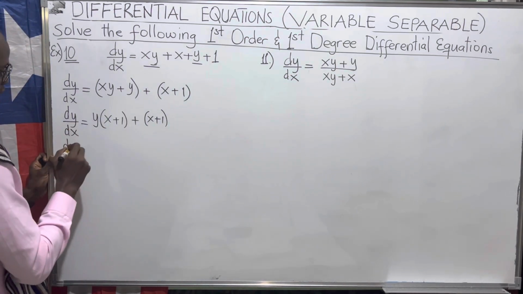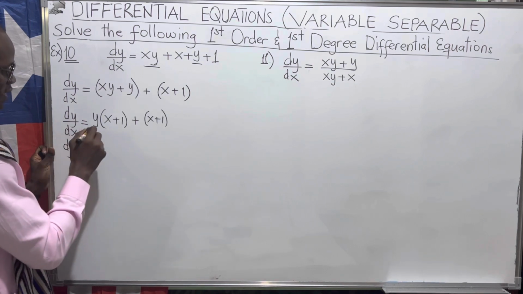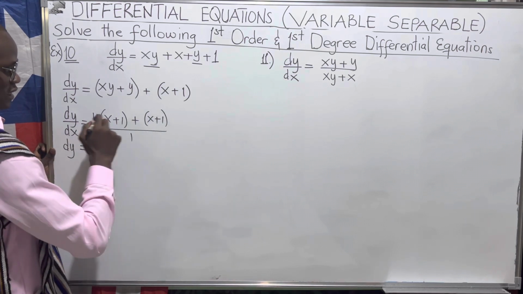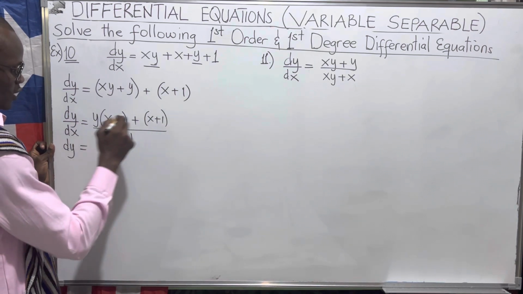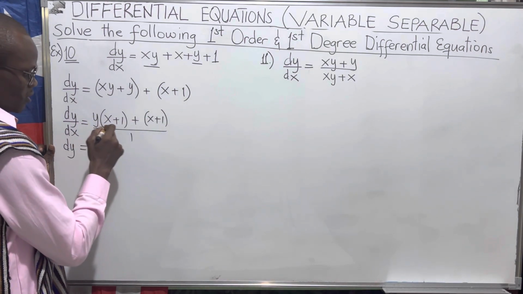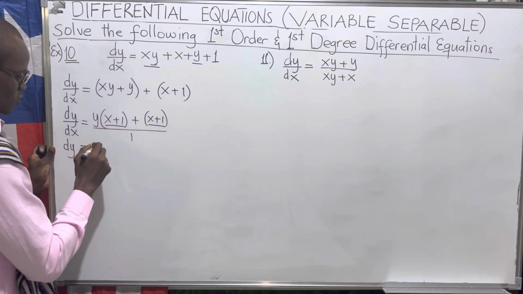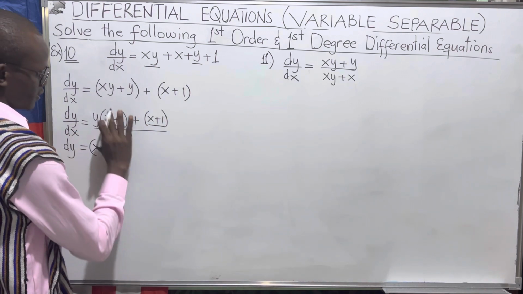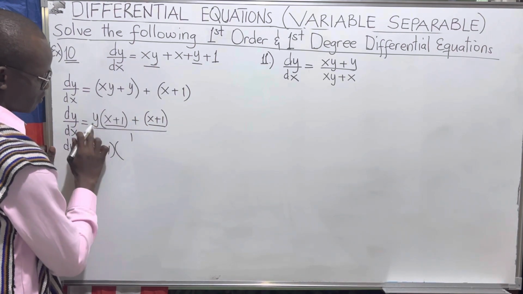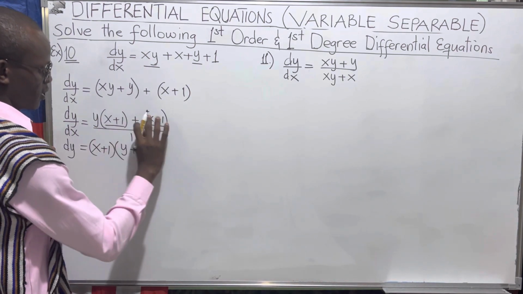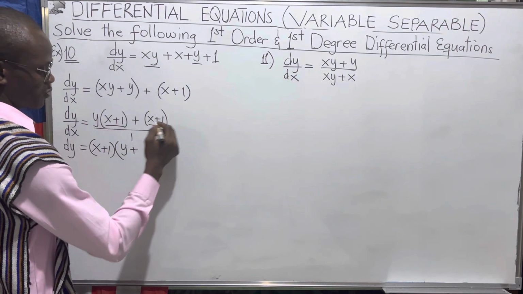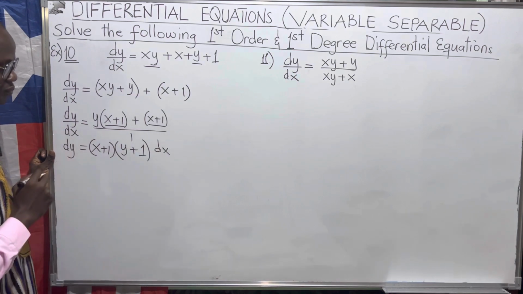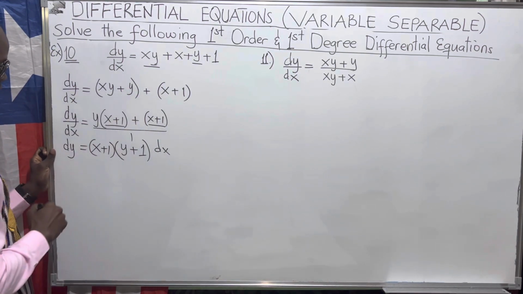So we cross multiply, meaning we multiply this dy by 1, and then this dx by this entire numerator. Mind you, we can factor out something, this and this is common, so we bring it outside, x plus 1. And then what is left, if you take this expression out, you are left with y plus 1 going to x plus 1 is just 1 times dx, because we already cross multiplied.